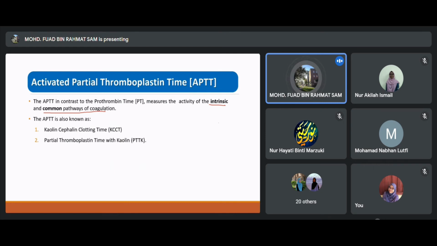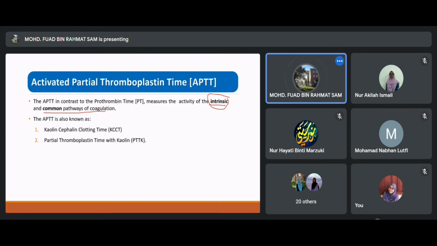So what is the difference between the APTT and the PT, Akila? The factors measured. Okay. For the activated partial thromboplastin time, we measure the common and also the intrinsic.